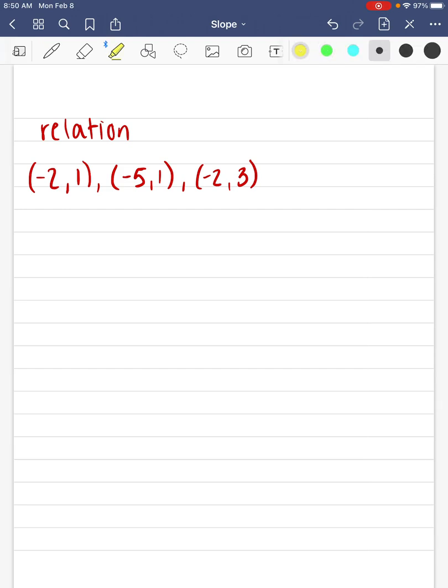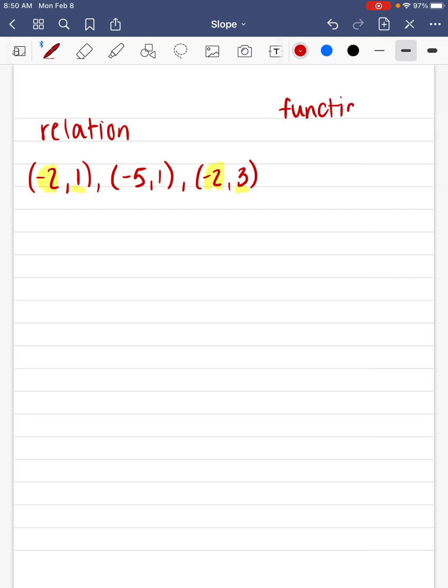So when we're looking at this, our problem is going to be where we have two of the same x's with different y's. So if you look, we have two of the same x's here, -2, but it's paired with different y's. It's paired with 1 and with 3. So that's the reason this is only a relation and not a function.